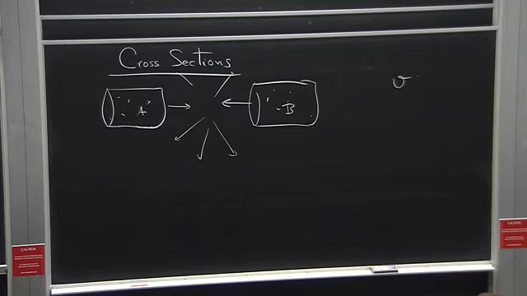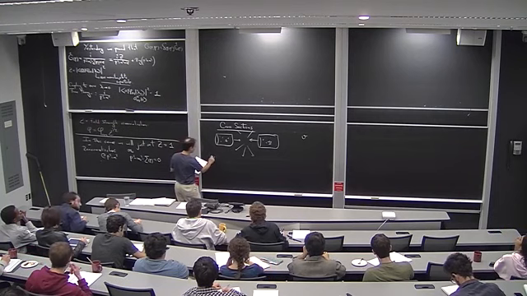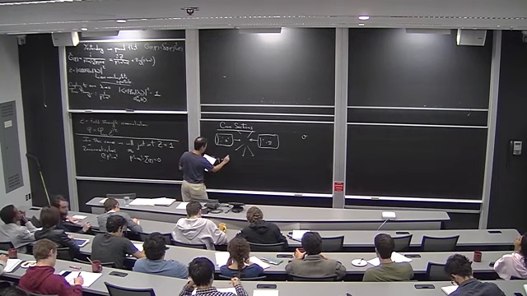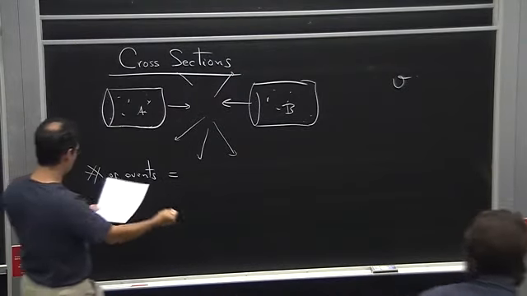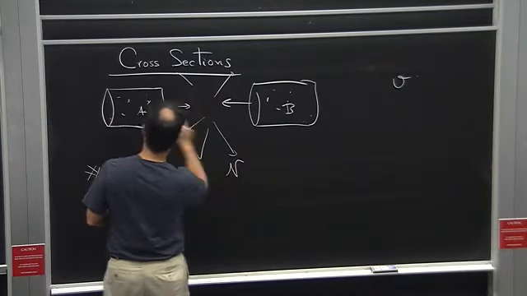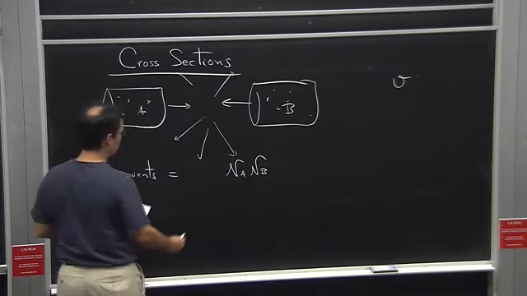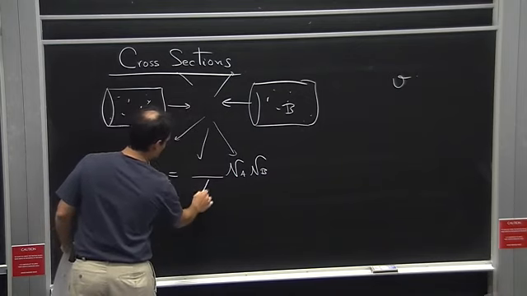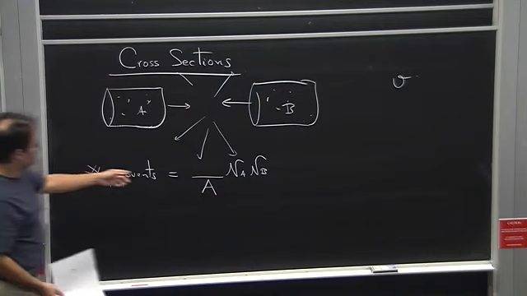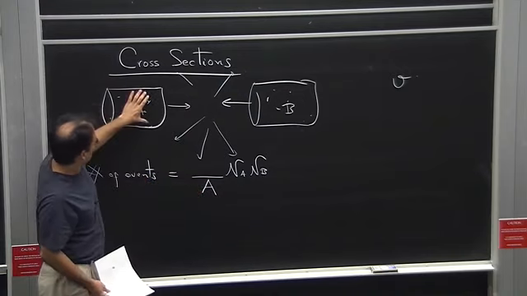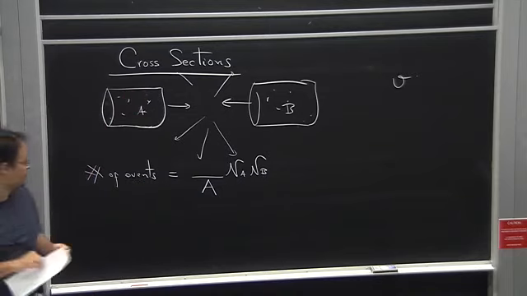So if we have all these particles colliding, we will get some number of events of a certain kind. And then in field theory 0, we said that the number of events was, I mean, it's obvious that it has to be proportional to the total number of particles in the beam A, the total number of particles in the beam B. It has to be inversely proportional to the area of the beams, of course.